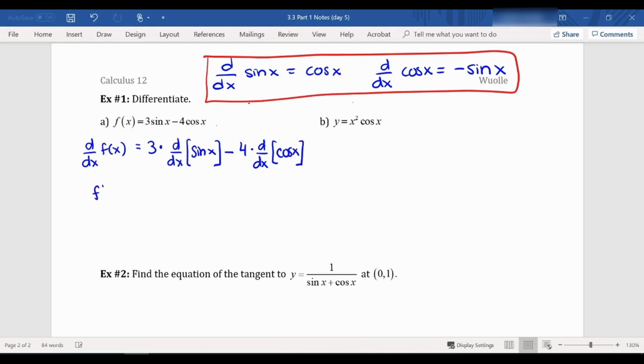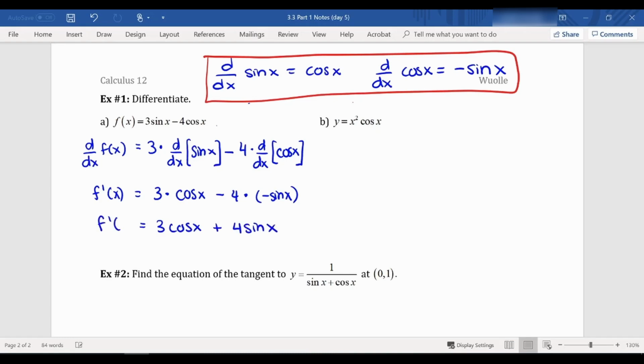And what that means is f prime is equal to 3 times cosine x minus 4 times negative sine x. Remember, this is not 4 minus sine x. This is 4 times negative sine x, which would give us 3 cosine x plus 4 sine x.